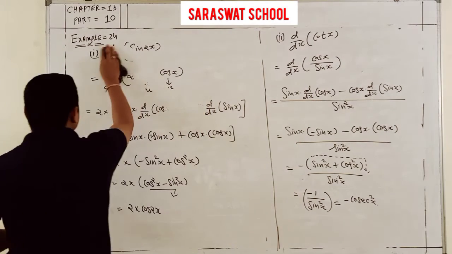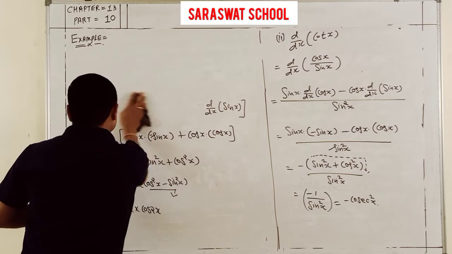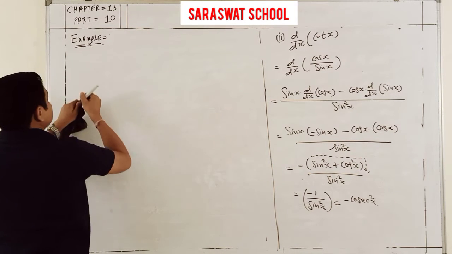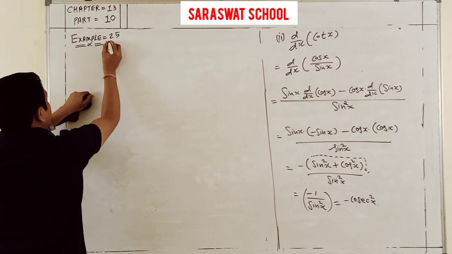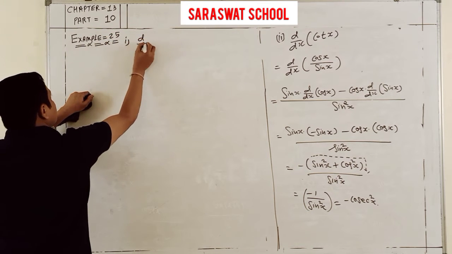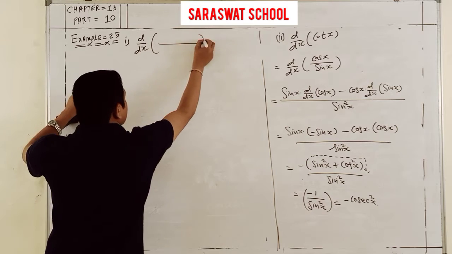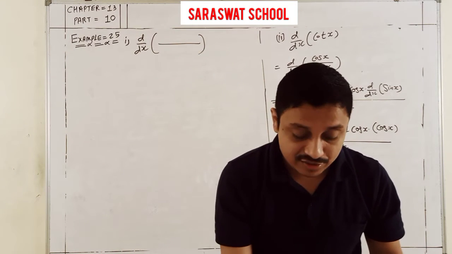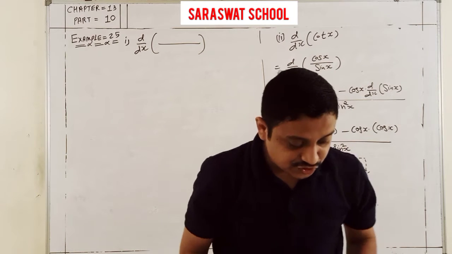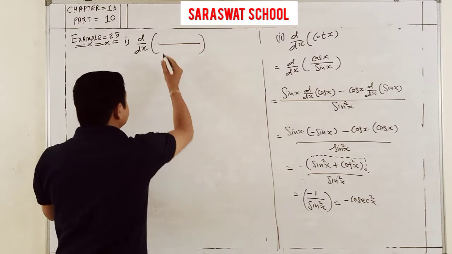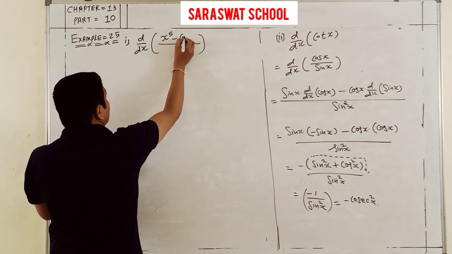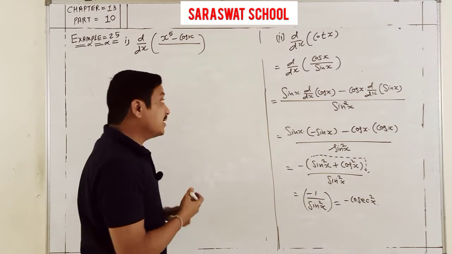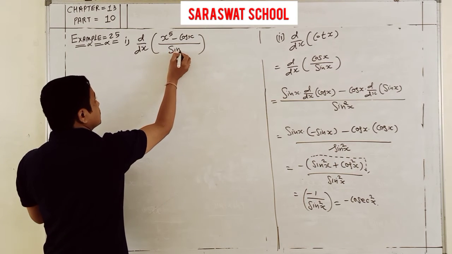Now continue example 25, students, which is also important for the exam. Example 25, the first one: find the derivative of the given two functions, given in mixed form. The first one is x raised to 5 minus cos x divided by sin x.